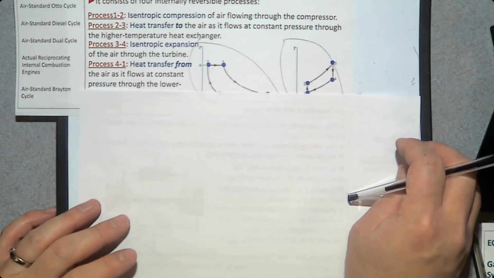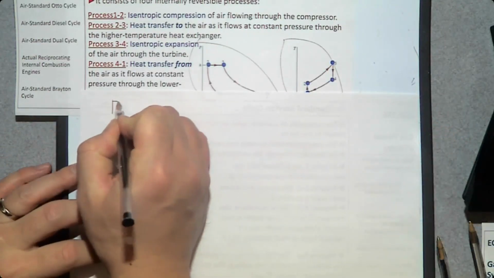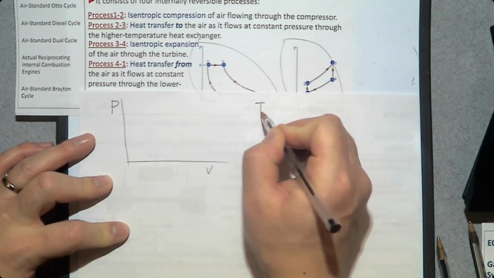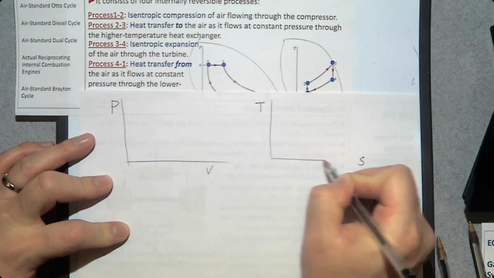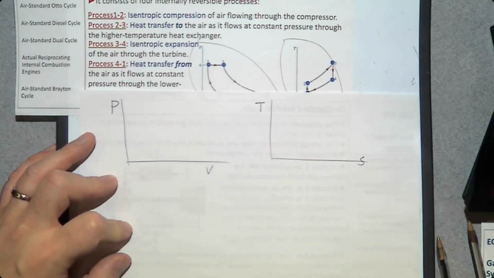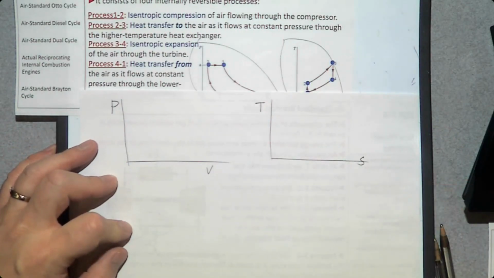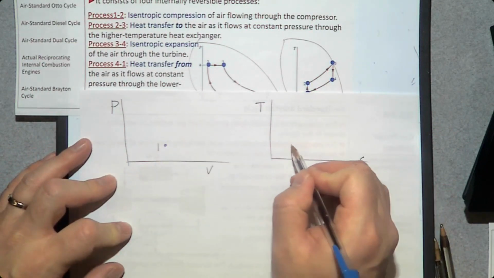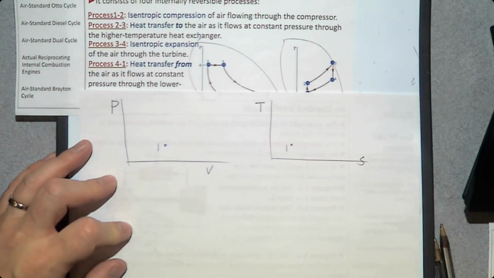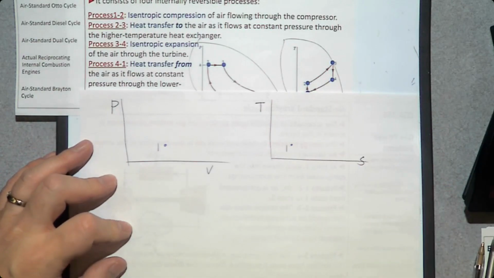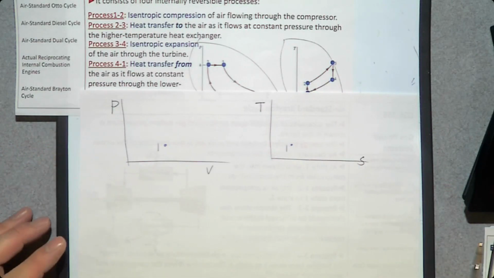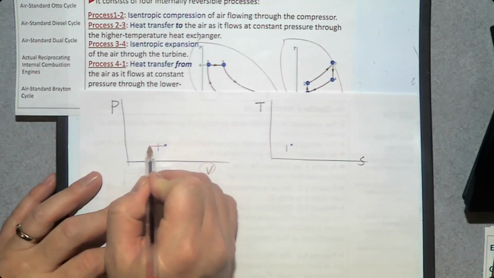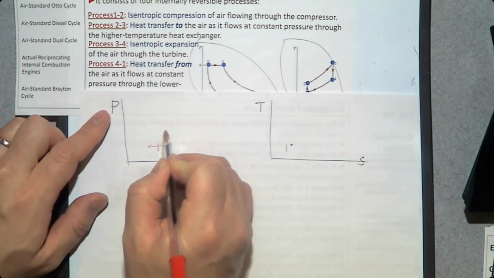So let me draw PV diagram and TS diagram. PV diagram starts from here, number 1. TS diagram starts from here, number 1. First of all, we have isentropic compression. This is a compression process, therefore volume decreases and pressure increases.